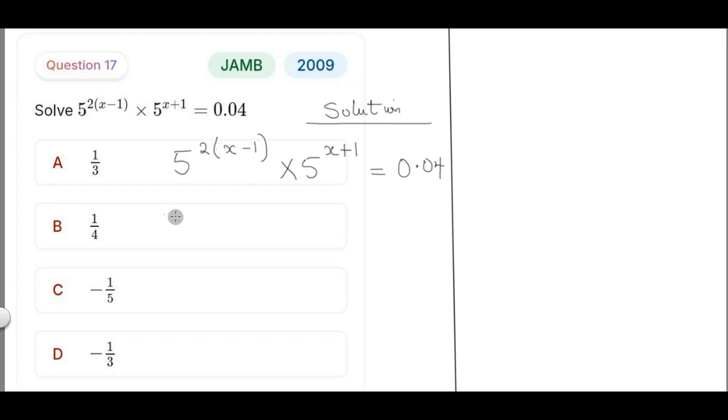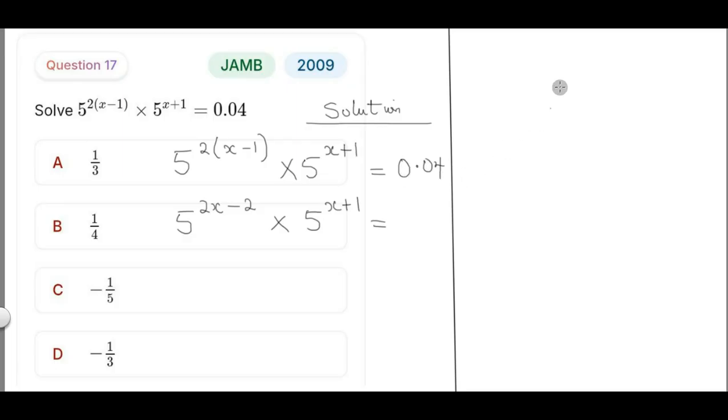By opening up this bracket, this will be 5 raised to the power of 2 times x, which gives 2x. 2 times minus 1 gives minus 2, times 5 raised to the power of x plus 1, equal to. Here I'm going to convert this 0.04 into a fraction.